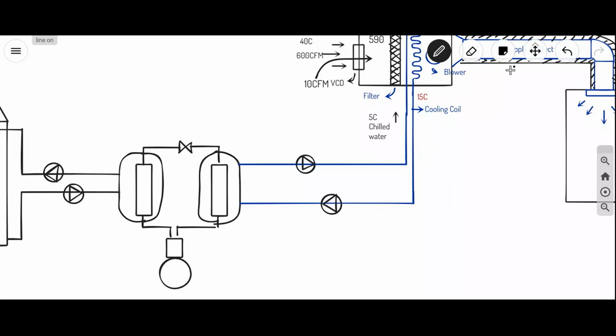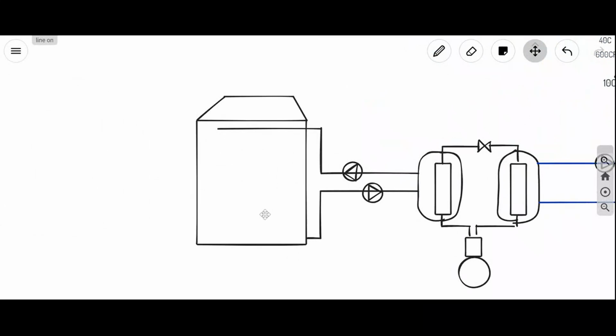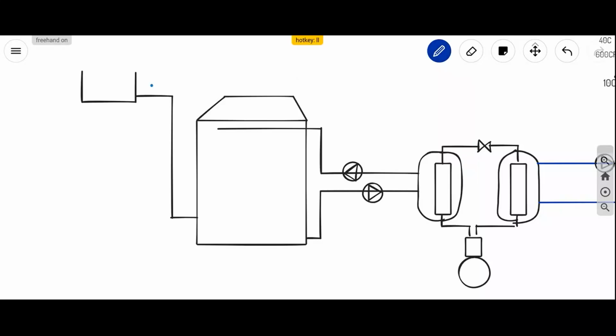Okay, what happens in the compressor first? The compressor sucks the refrigerant from the return line and discharges the refrigerant to the condenser. What is the compressor's job? Compress the refrigerant to high pressure and high temperature.